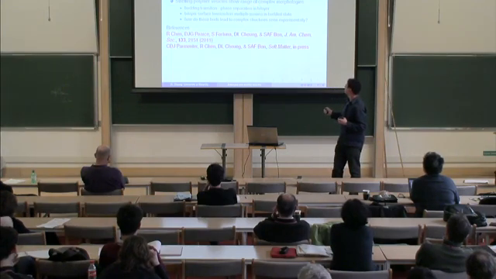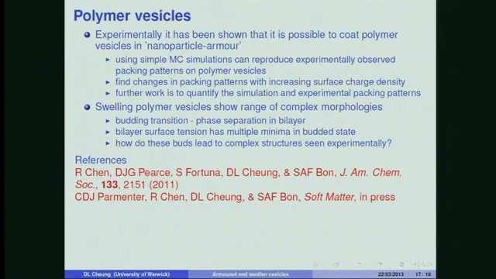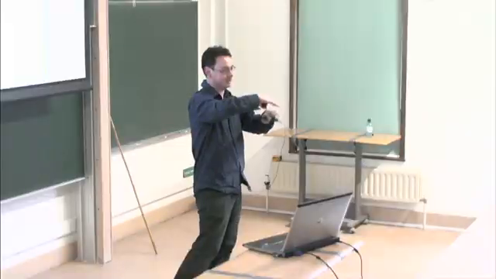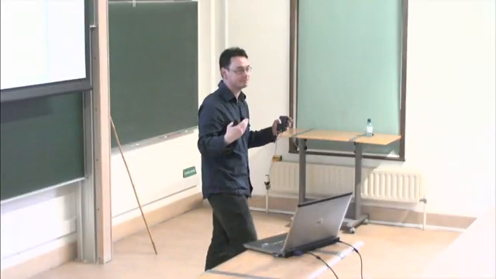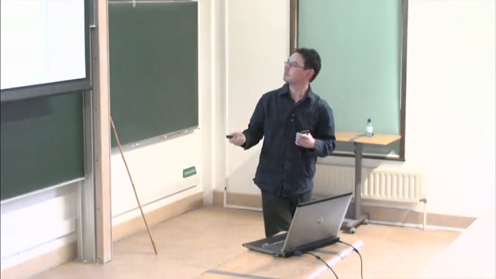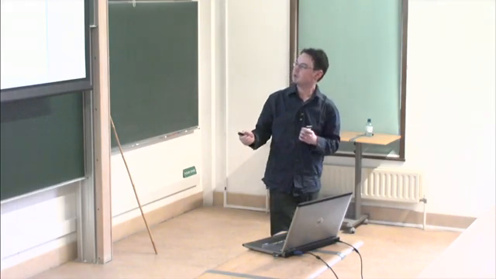Currently we want to quantify the simulation structure more, have more quantitative comparison, say a bit about how absorbing particles changes the structure and properties of the bilayer, and also look at more complex particles.